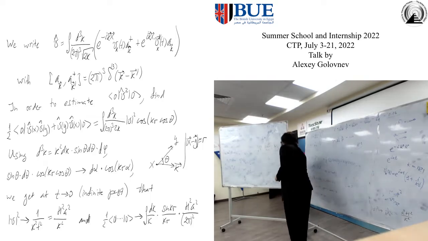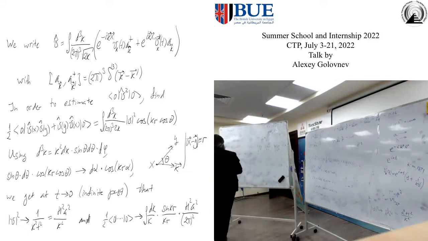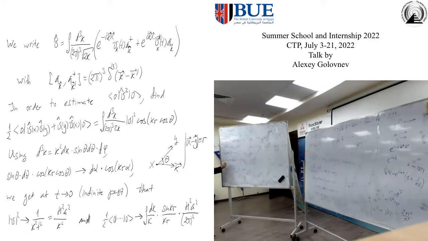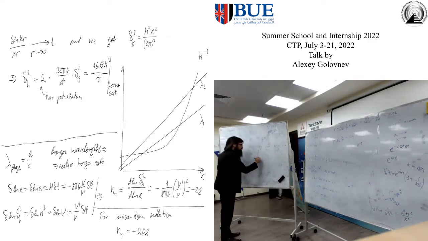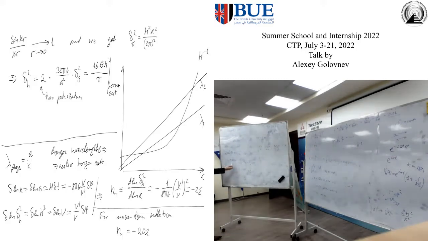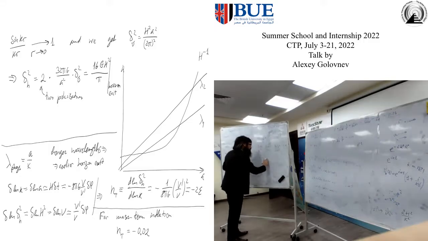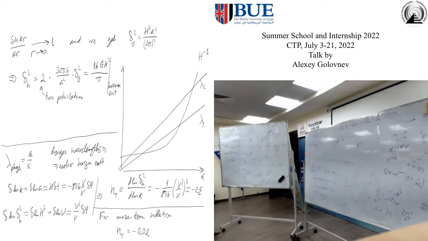And then, finally, what I want is to predict the fluctuations of h, which means that I take delta h squared. I take two polarizations, I go back to this normalization.